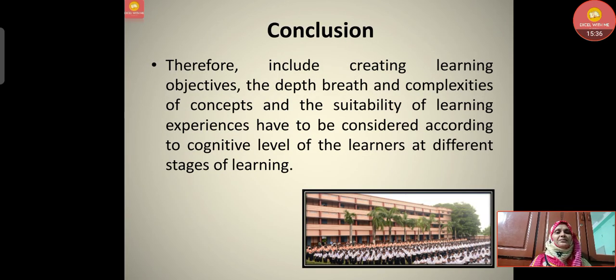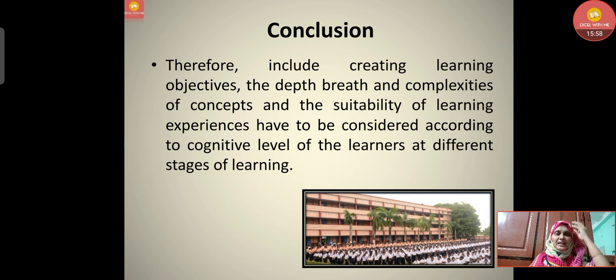So let's conclude this topic. Therefore, while creating learning objectives, the depth, breadth and complexities of concepts and the suitability of learning experience have to be considered according to the cognitive level of the learners at different stages of learning.